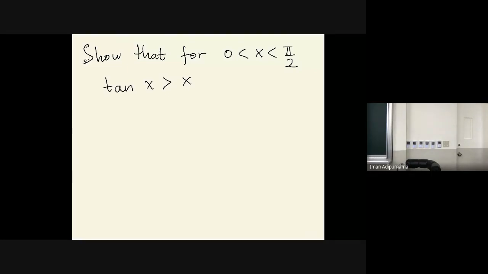You can use tangent x minus x greater than 0, or just use tangent x as the function. That should be fine because the right side is only x, and x is positive in between 0 and pi over 2.